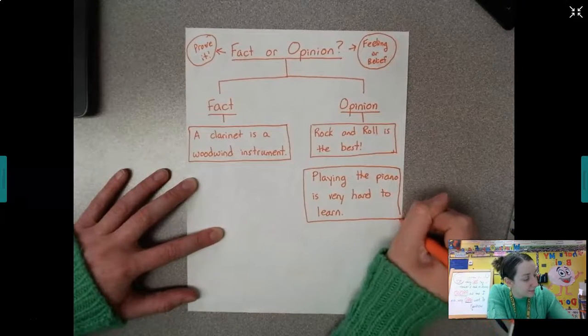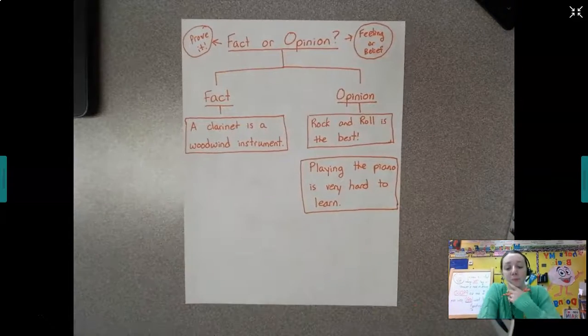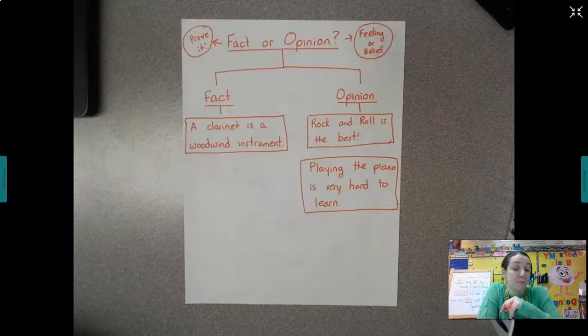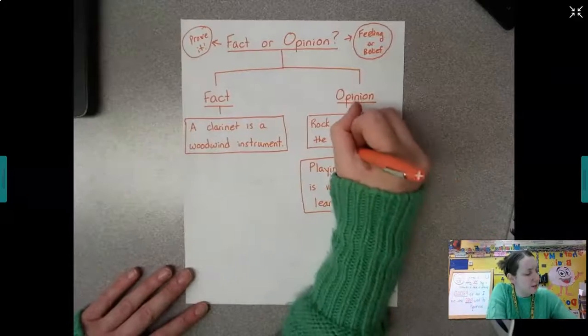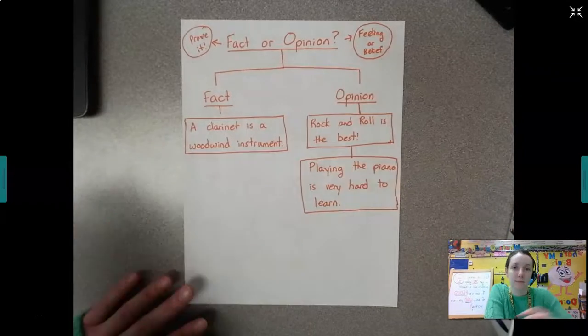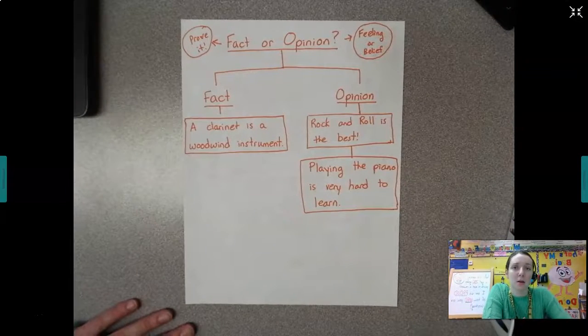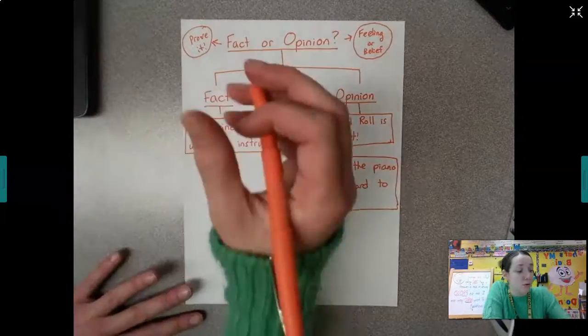All right. Let's do one more. A conductor is someone who leads a band. Is that a fact or an opinion? What do you think? It's a fact, right? That's something you can prove. That's what they're called.